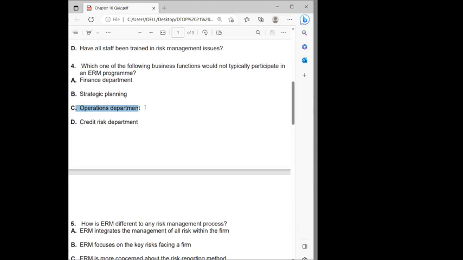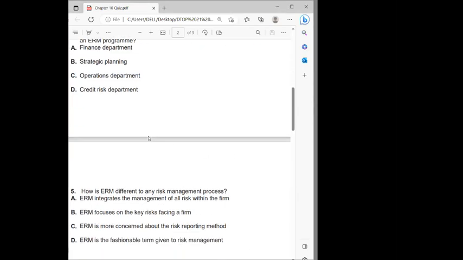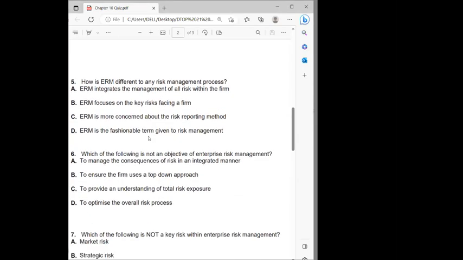So it's finance, strategic planning, and credit risk. Operations department is not a part of that. So the correct answer is C. Okay. Question 4, C. Let's go to question number 5.